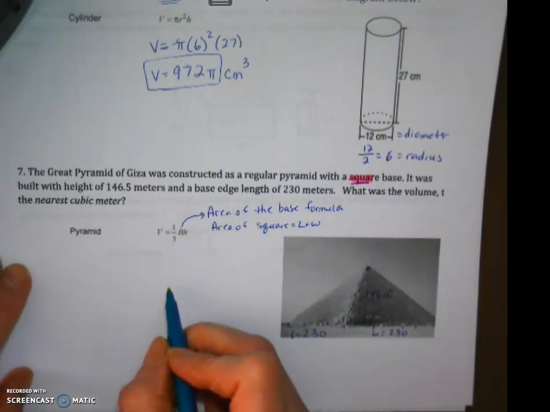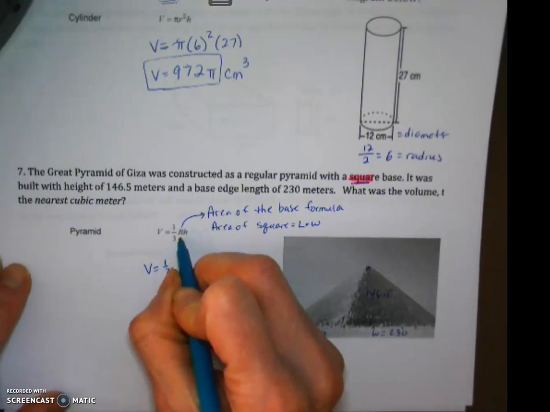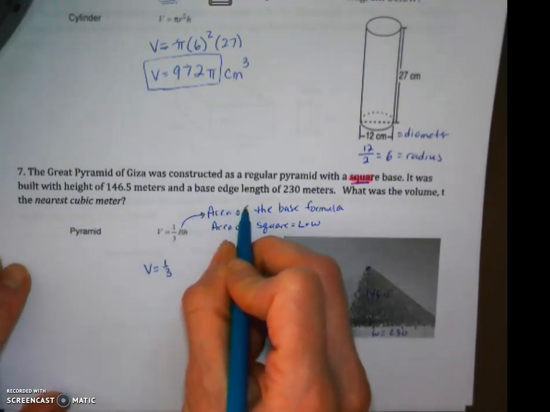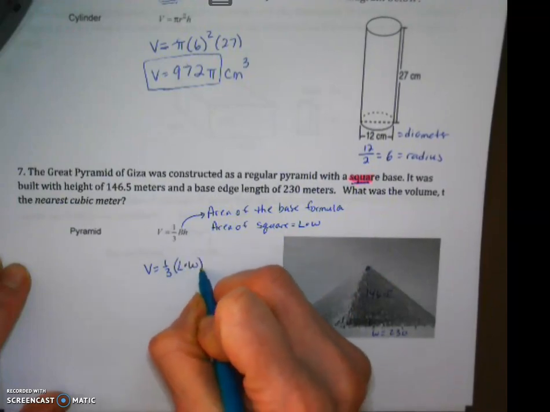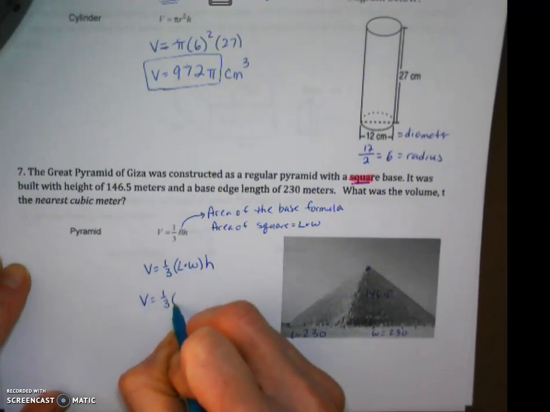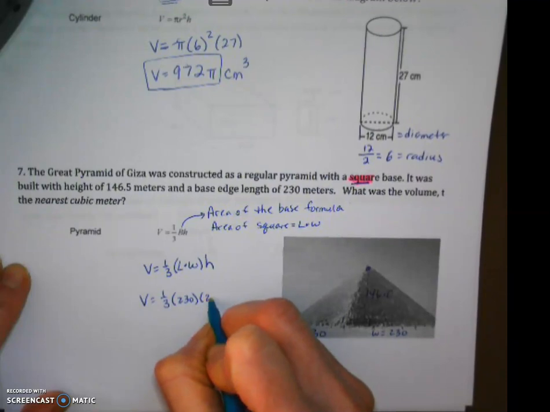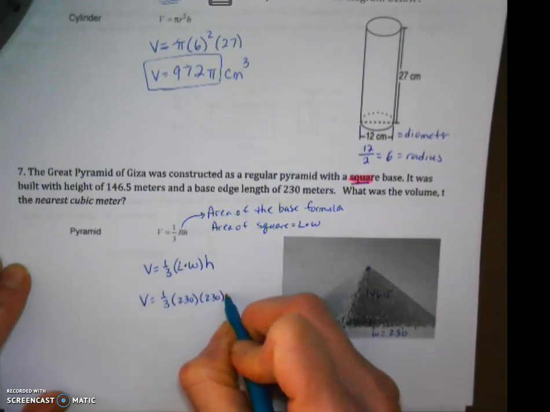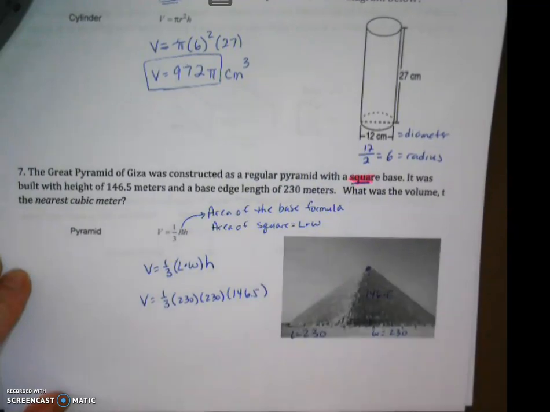So here's the formula. It's volume equals 1/3. Up there's that capital B again. It means area of the base formula. And we said the area of a square, you could either do length times width or side squared. So we're going to do 1/3 times the length, which we said was 230, times 230, times the height, 146.5.